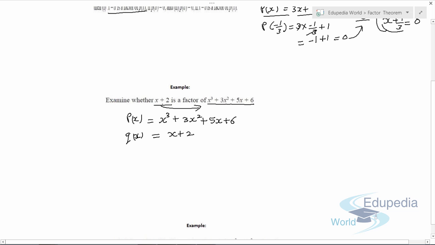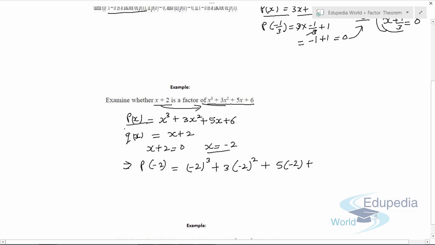Now to check whether this is a factor of this polynomial, we have to equate x plus 2 equals 0. So x will be equal to minus 2. Now we have to put this value in the polynomial p(x). So p(-2) will be equal to (-2) whole cube plus 3(-2) square plus 5(-2) plus 6.